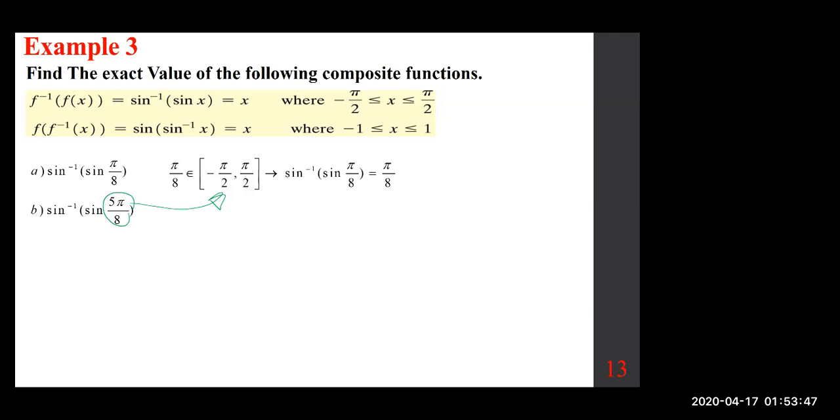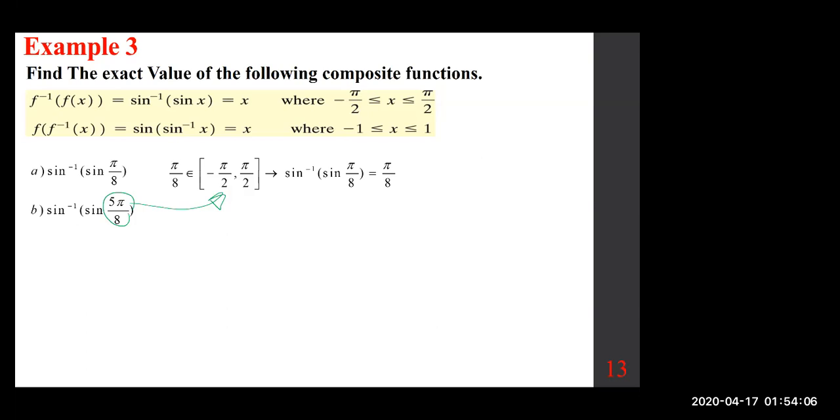Okay. So you have two choices. If it's a common arc, you can find that and then evaluate the sine inverse. But if it's not a common arc, there is a way around it, and that's very simple. First, recognize what's going on, whether this is positive or negative, and then take it from there.